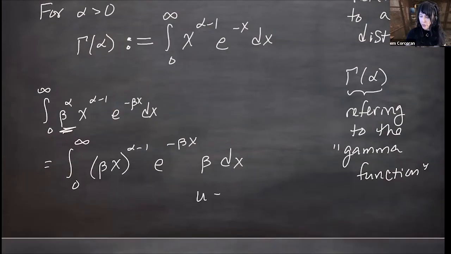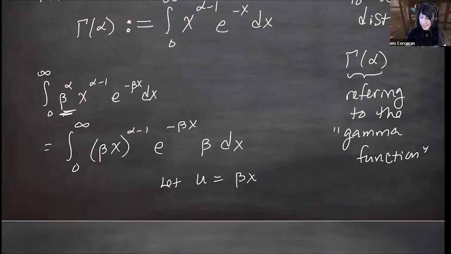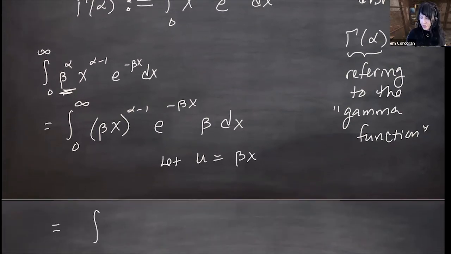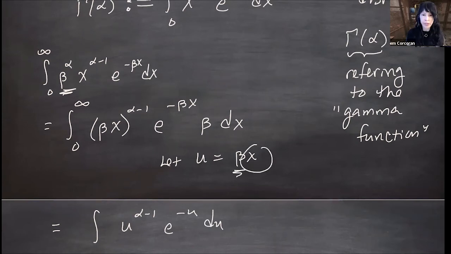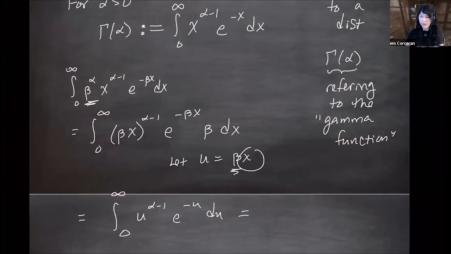And if you let u be beta times x, then you're going to get the integral of u to the alpha minus 1, e to the minus u du. And because beta is a positive parameter, when you plug in x equals 0, u is still 0, and as x goes to infinity, u goes to infinity. And so this is the integral defining the gamma function.